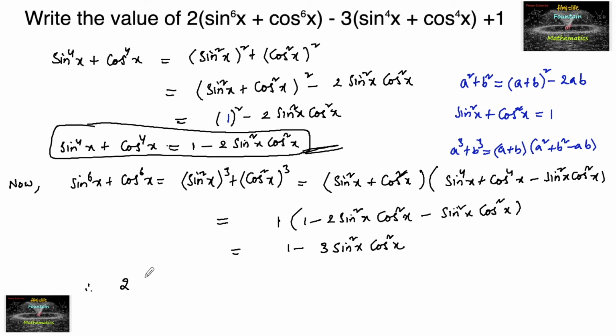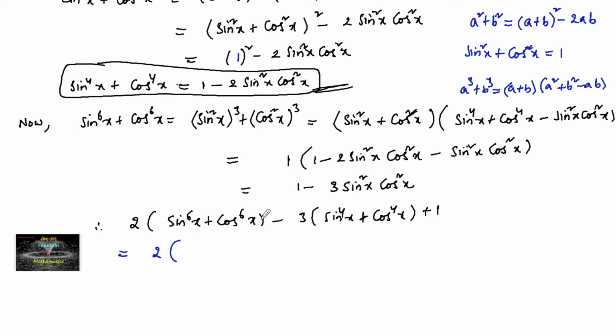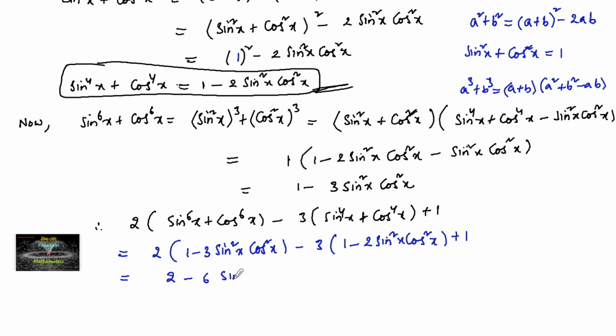Therefore 2 times (sin power 6x plus cos power 6x) minus 3 times (sin power 4x plus cos power 4x) plus 1 equals 2 times (1 minus 3 sin square x cos square x) minus 3 times (1 minus 2 sin square x cos square x) plus 1, which equals 2 minus 6 sin square x cos square x minus 3 plus 6 sin square x cos square x plus 1.